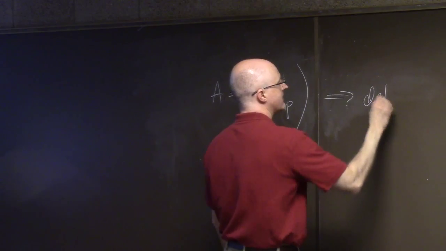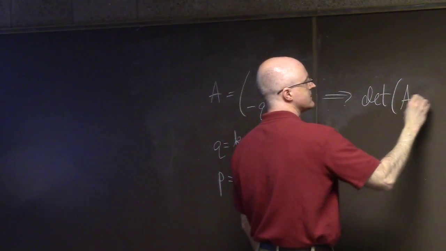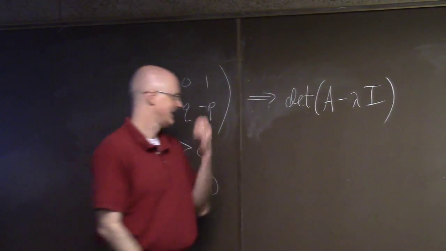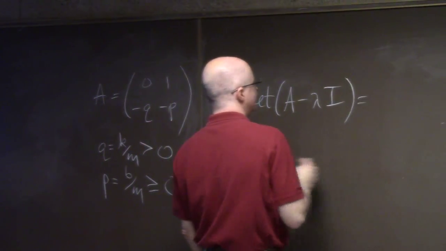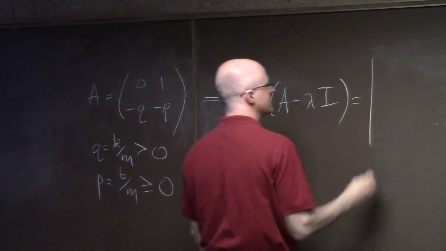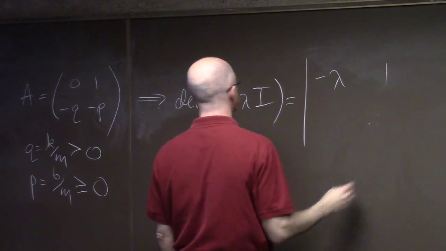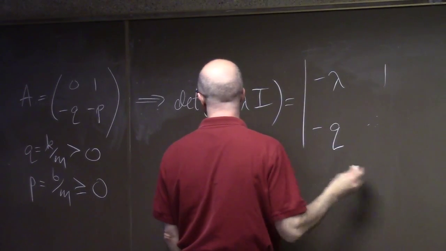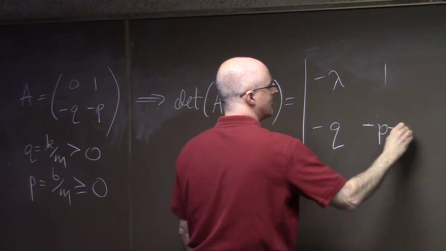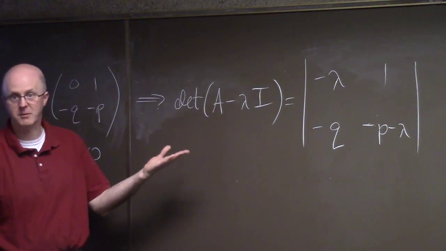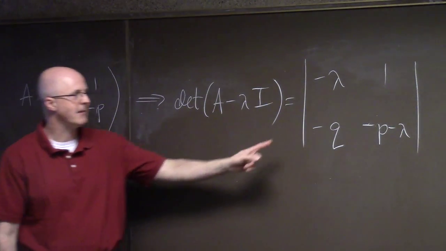Let's find the eigenvalues and eigenvectors. The eigen stuff, for fun. You can use the det notation. You can also use this pseudo absolute value notation, though it's not really an absolute value. Eigenvalues can be negative, and this determinant can be negative. It does not mean absolute value.